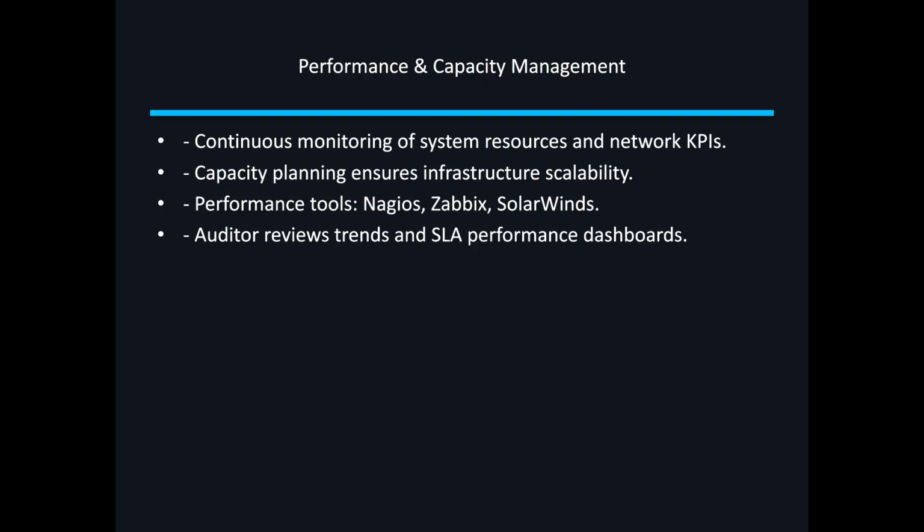Key performance areas include system performance metrics, CPU utilization, memory consumption, disk I/O, and response time. Then network performance focuses on bandwidth usage, loss of packets, and latency of the network. Then database health, which emphasizes query efficiencies and the transaction rates.